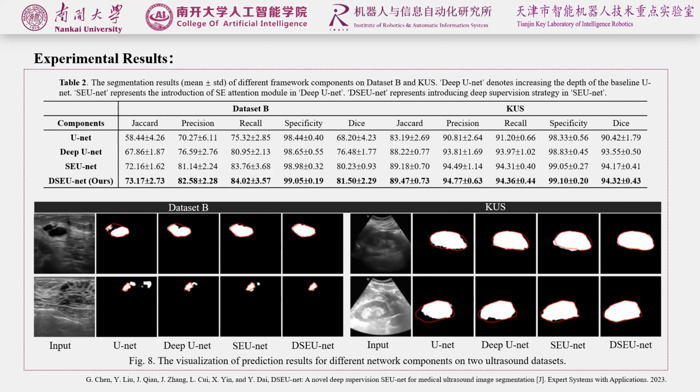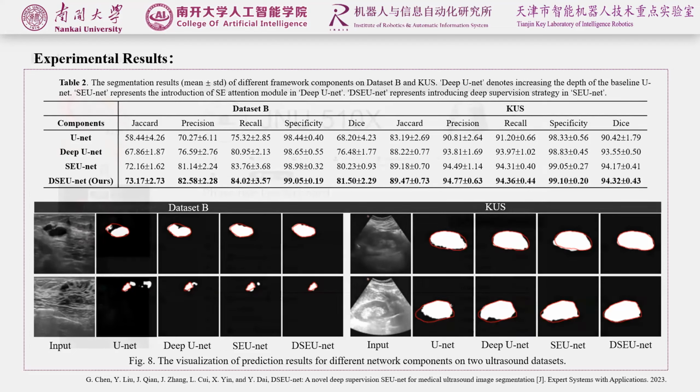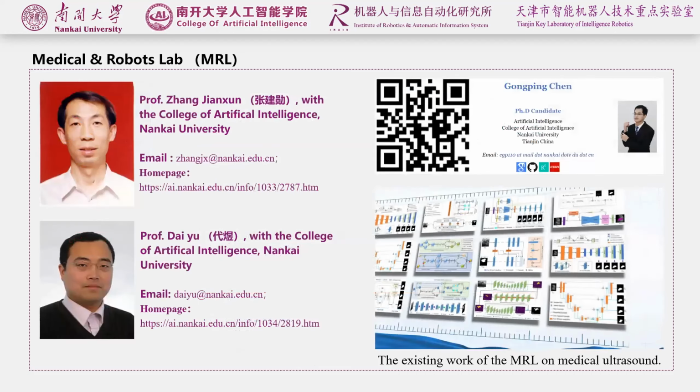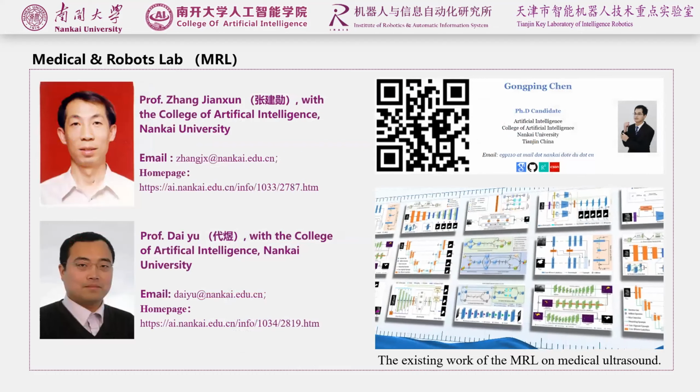More details about DSUNet can be found in our published work. Finally, DSE UNet is applied to the challenge and achieves the fifth result. This is a brief description of our method.